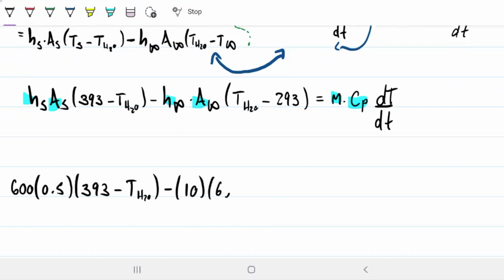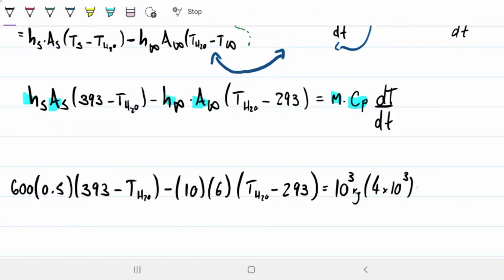The area is 6 meters squared. T water, 293. And then this is a ton, so that's 10 to the third kilogram. And the C sub P, this is where I went wrong, is 4,000 joules, not 4 joules, 4,000 joules per kilogram Kelvin. And dT.